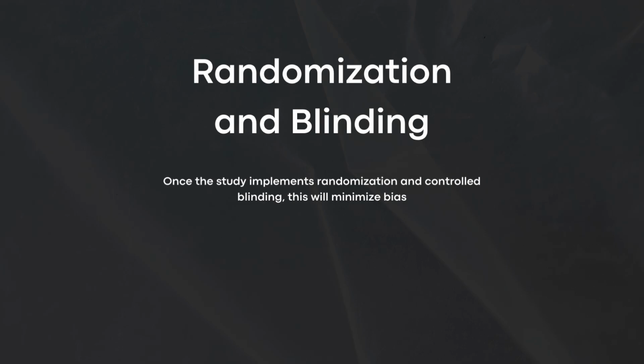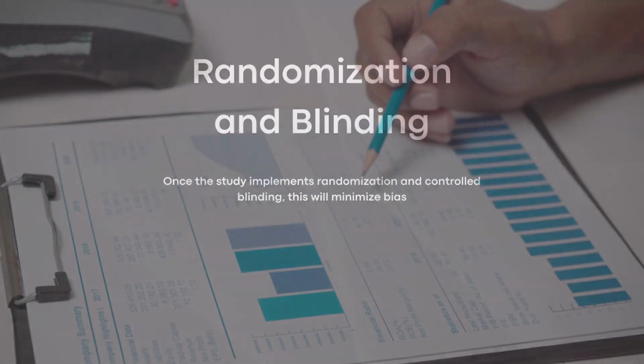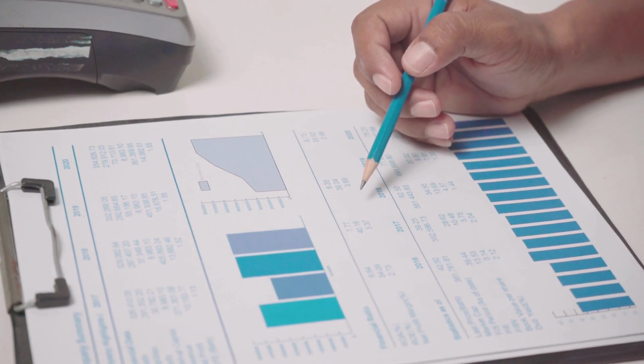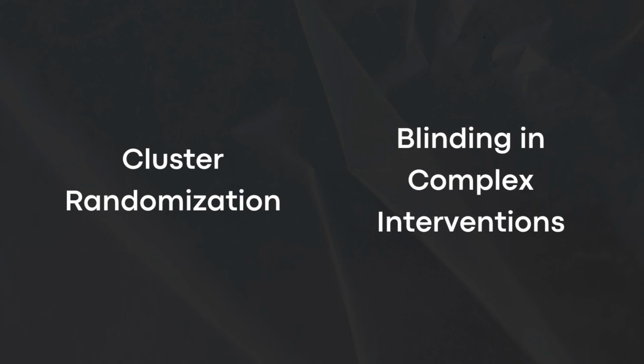So the researchers or the study implements randomization and control blinding, this will minimize bias. And that's why randomized control trials are the highest in the evidence pyramid. Also, we can use techniques like cluster randomization or blinding in complex interventions in order to reduce the possibility of having bias even more.